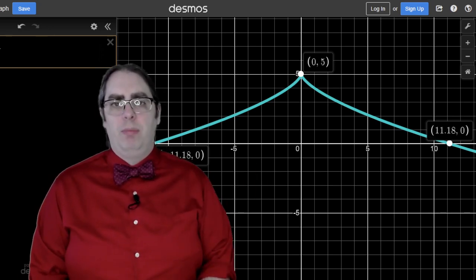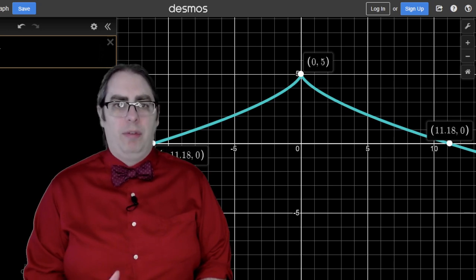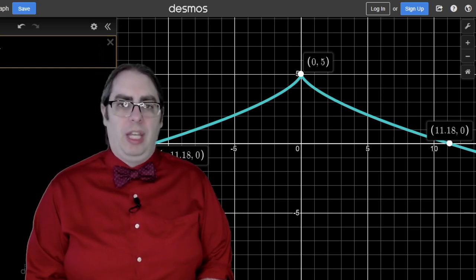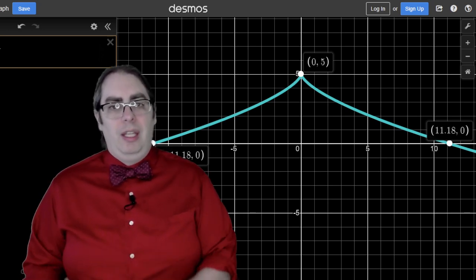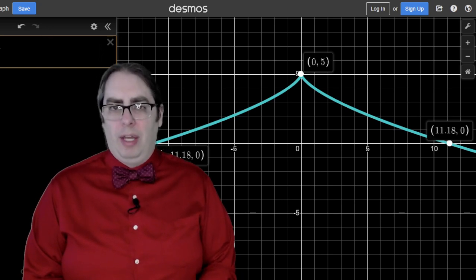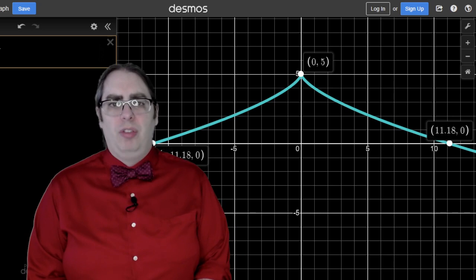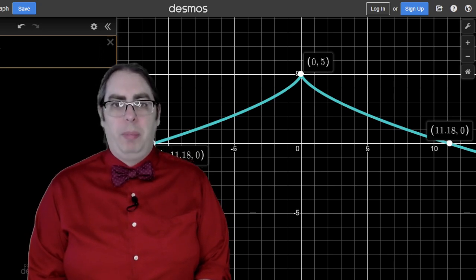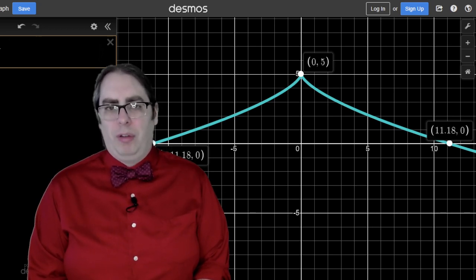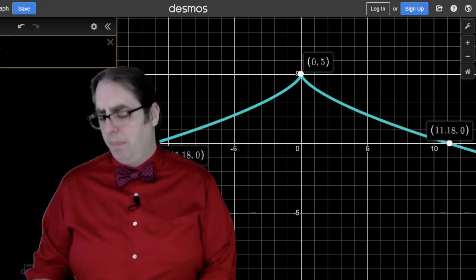A tool like Desmos can't really help you with that. You have to have a specific special case that you are studying. The analytic tools will allow you to do that more generally. All right. So a couple of reasons why I think it's still worth being able to do this by hand, even though no one is ever going to graph a function by hand. You're going to let computer software do it for you every time.